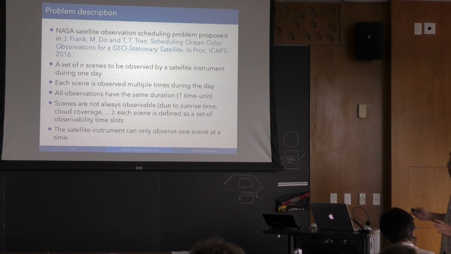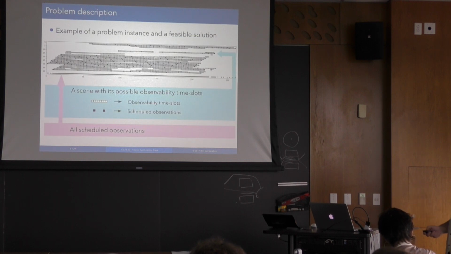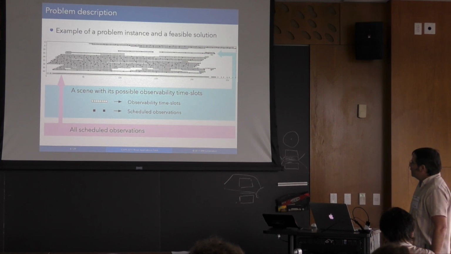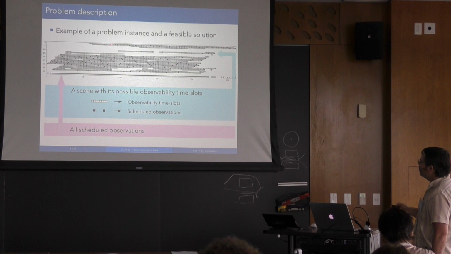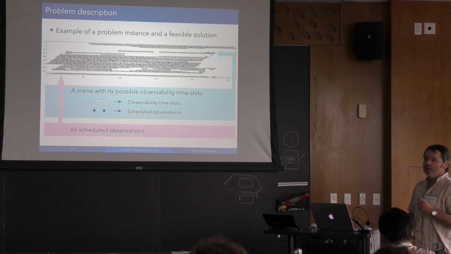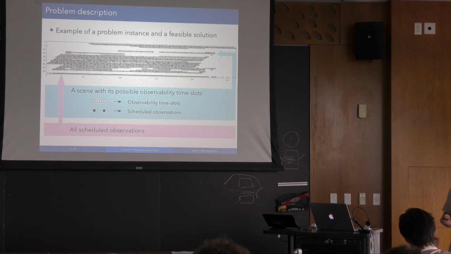So to have an idea of the problem, here on this picture is an example of, at the same time, a problem instance and a solution. Each line here represents a scene. And all the empty boxes here are possible slots where you can perform some observation of the scene.